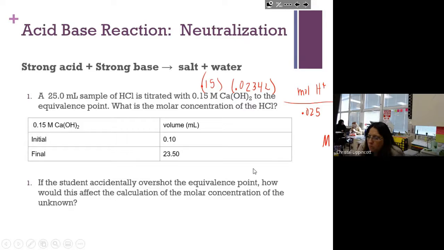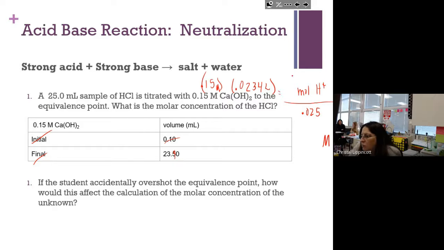You take the moles of H plus from multiplying the molarity by the volume that you used. So you started here, so you actually only used that much. If we want to get rid of our initial and our final, this is how much, but then you have to have that in liters. Good. Okay. Multiply that by molarity.